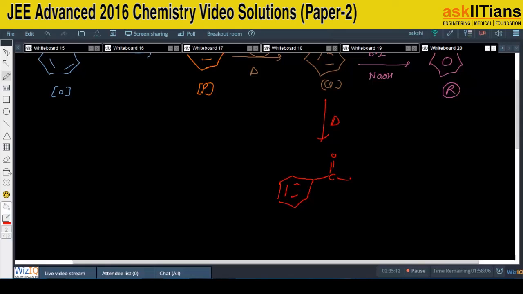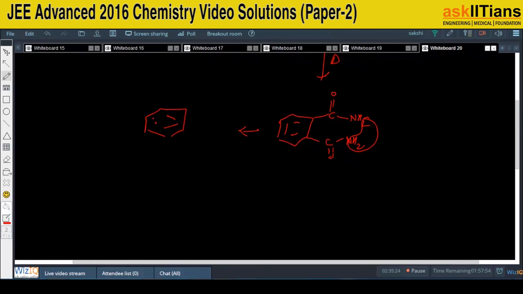You have CONH2, you have CONH2. Once you are heating it, there will be a loss of an ammonia molecule, and you can finally draw the structure something like this. You have CONH and you have CO. So this compound is compound number S.